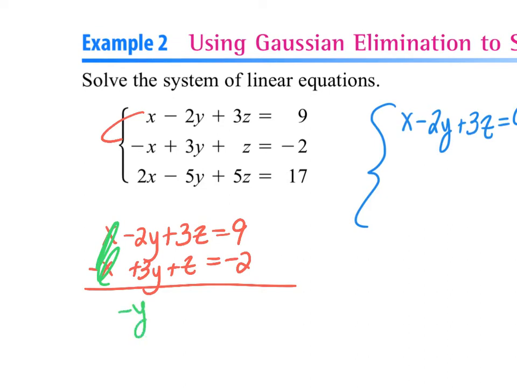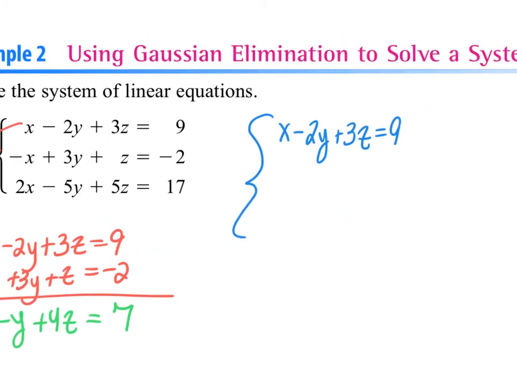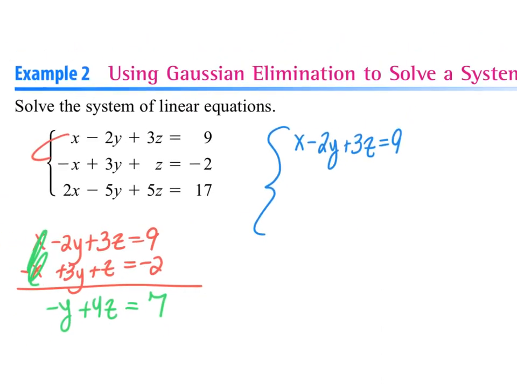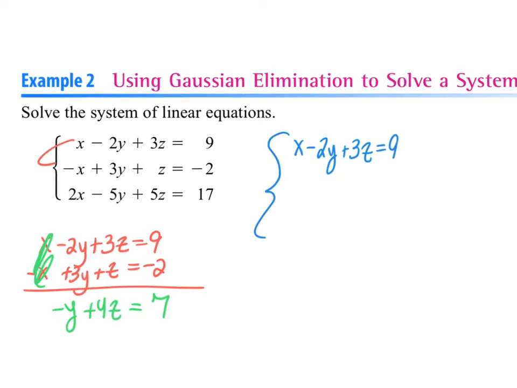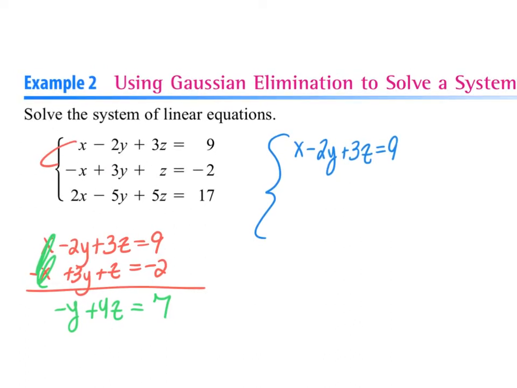Negative y plus 4z equals 7. There's my second equation. Oh, yeah, my bad. Sorry. It's y, just y. Thank you. So you have y plus 4z equals 7.